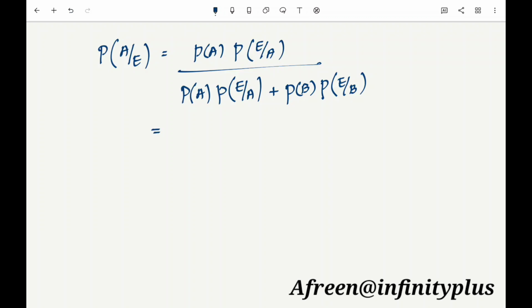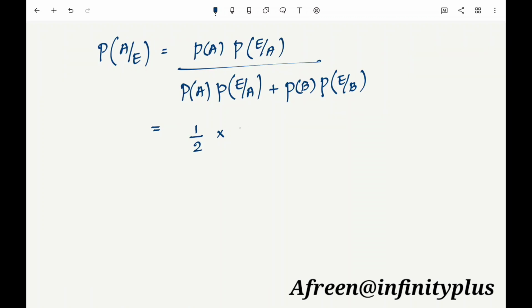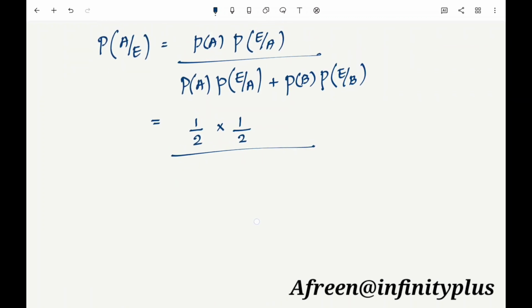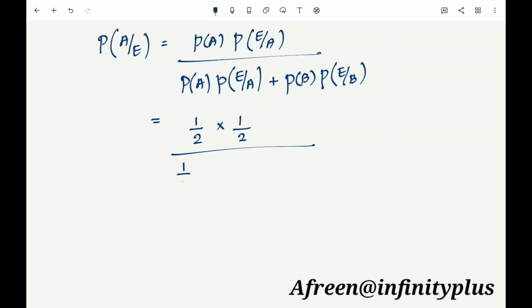Substitute each and every value and simplify. P of A value is 1 by 2 into P of E given A value is 1 by 2, whole divided by again the same thing, which is 1 by 2 into 1 by 2 plus P of B value 1 by 2 into P of E given B value, which is 1 by 4 we have got.